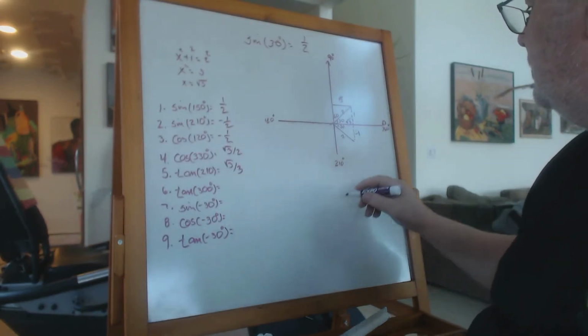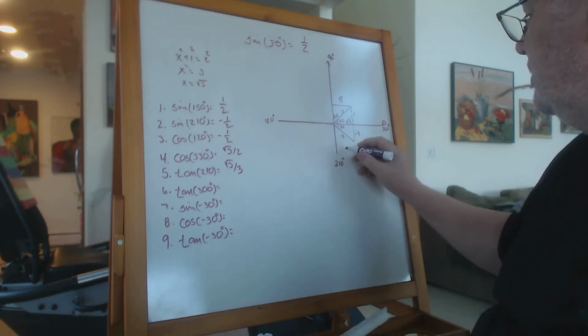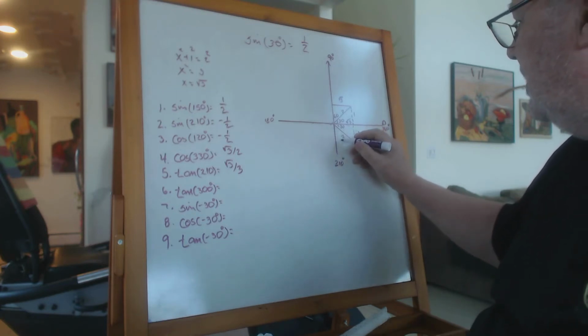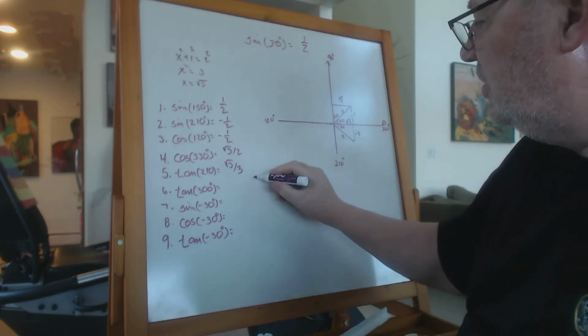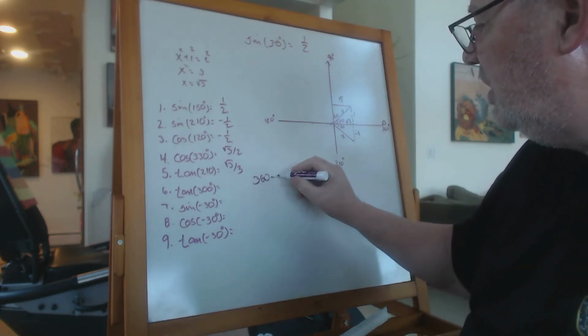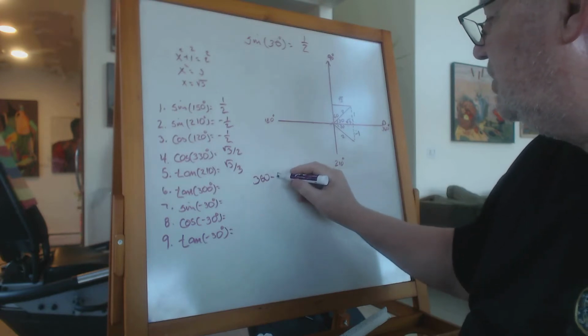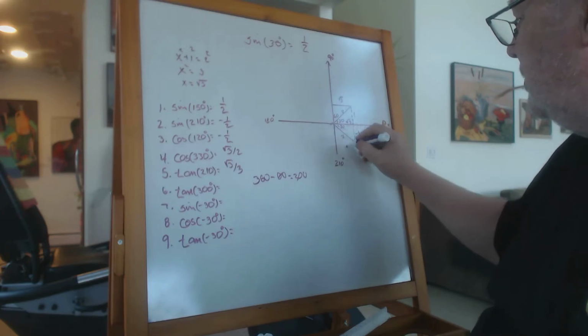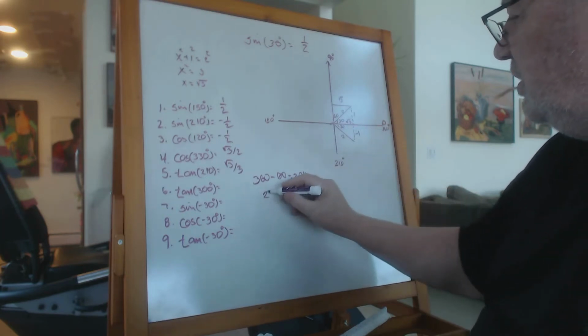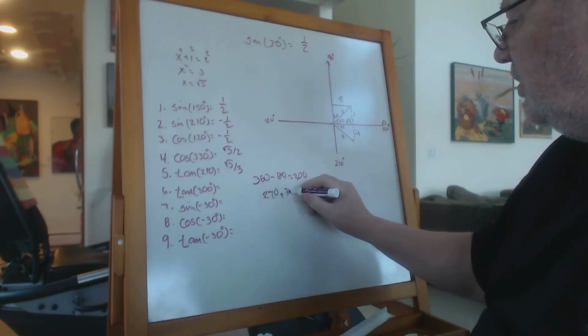300. Well, 300 is 360 minus 60, and that's 30 degrees, or 270 plus 30.